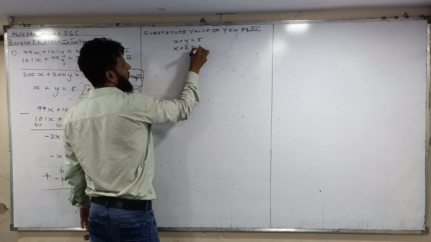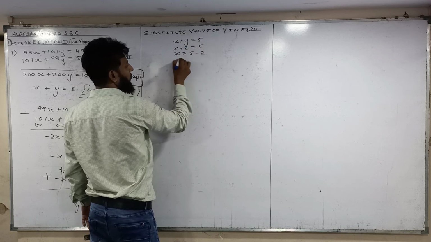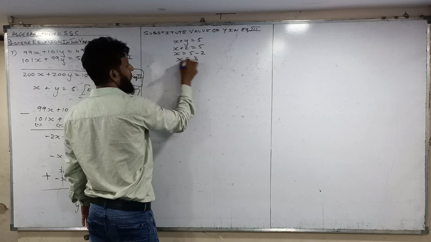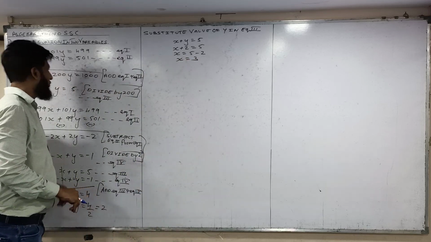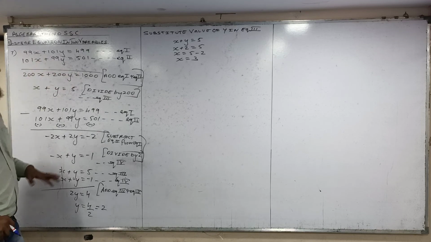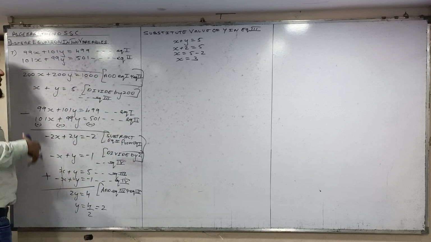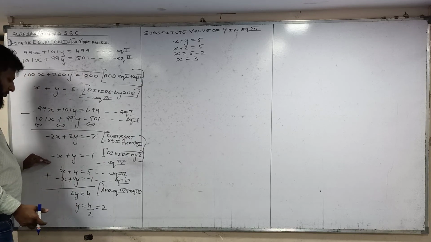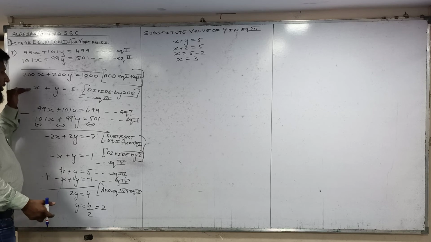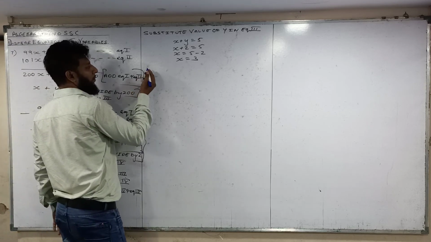So x as it is, 5, and 2 will come here as minus 2, x is equal to 3. So value of x is 3 and value of y is 2. So you get the value of x and y. When the cross numbers are same, add one time and subtract one time, and the equations you get, you have to solve them. Okay, then you will get the value of x and y very simply.